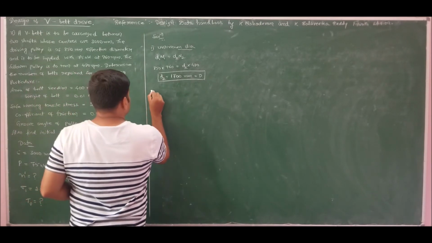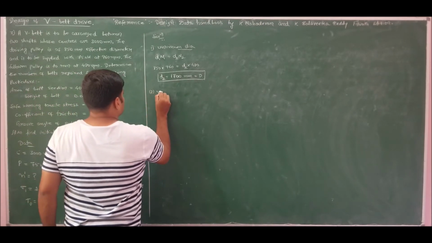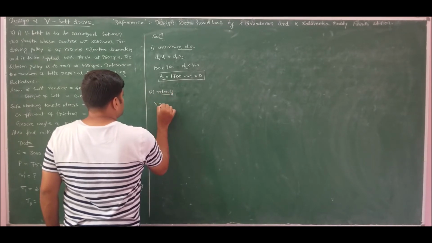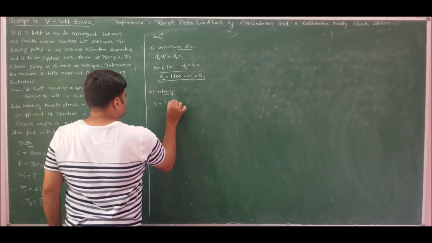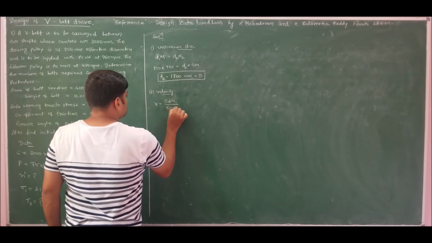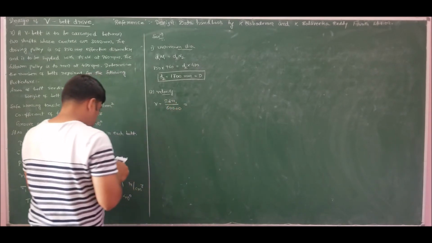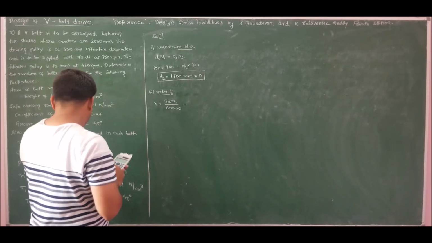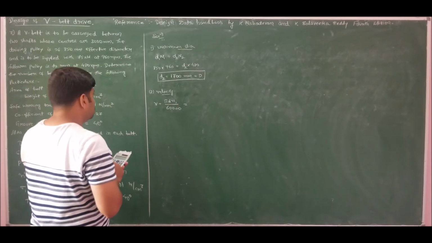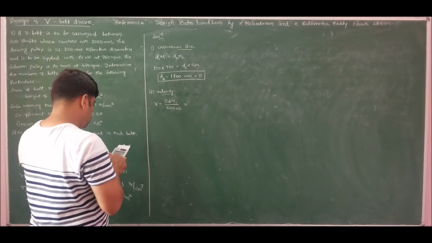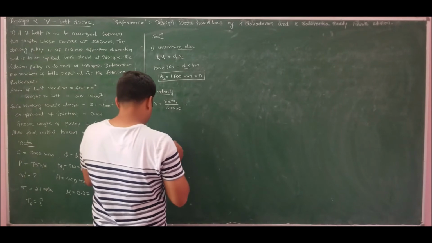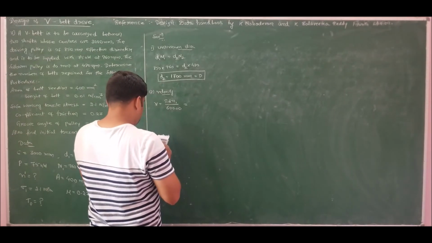Next, find the value of velocity. V is equal to pi d n1 by 60,000. Pi times diameter d1, 850, into its speed 960, divided by 1000, divided by 60,000.